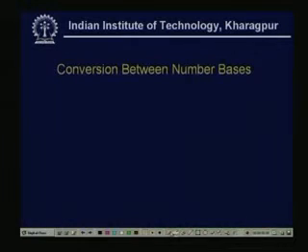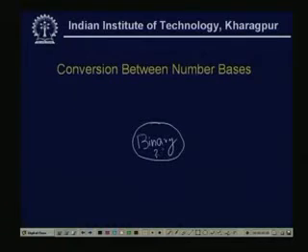So what we have seen is that we have 4 such number systems. Our main concentration, the main thing we want, is our binary number system, where the radix is 2.